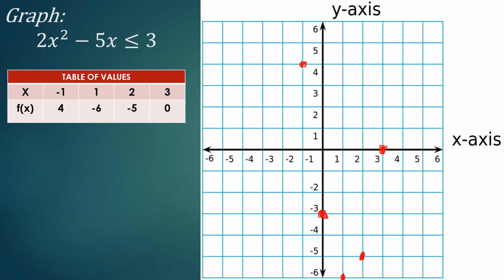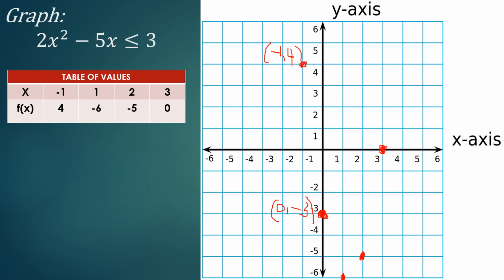So, this is negative 1 and positive 4. This is 0 and negative 3.